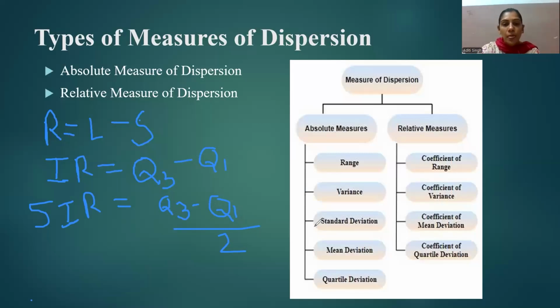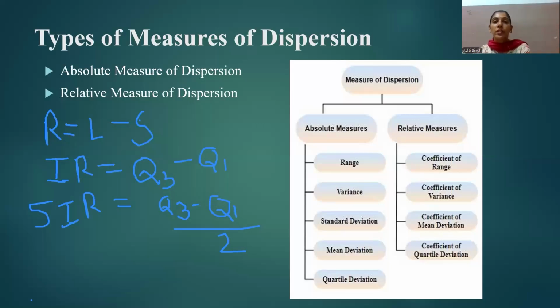Next is mean deviation. What is mean deviation? It is also a measure of dispersion, or you can say an absolute measure. Mean deviation is the arithmetic average of the deviations of various items of the series from a measure of central tendency like mean, median and mode.